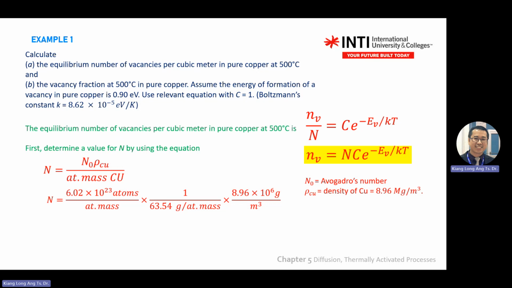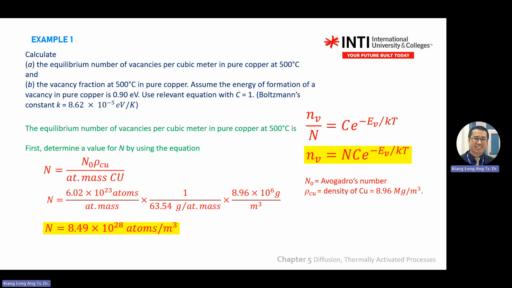Here we use gram, because the atomic mass is in gram. We try to synchronize our units, because the atomic mass for copper is in gram per mole. So just be careful with the units. At the end you find your N.